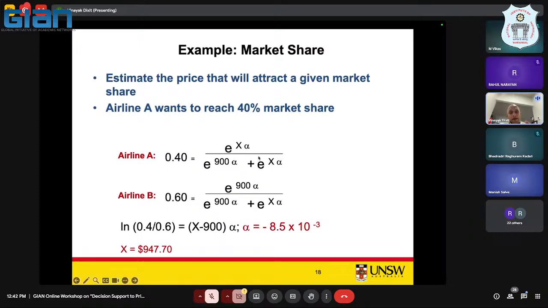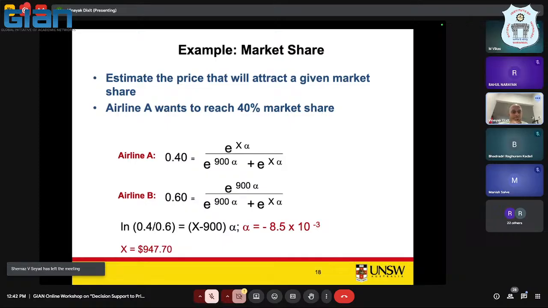So by dropping my price and increasing my share, my expected revenue has increased by almost $79.